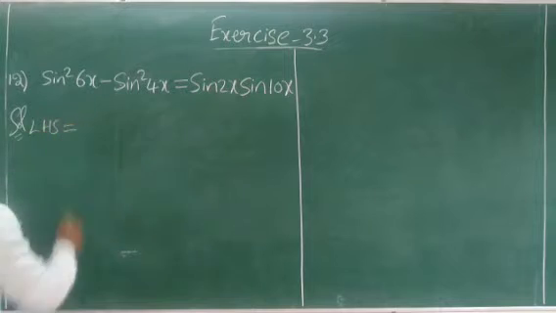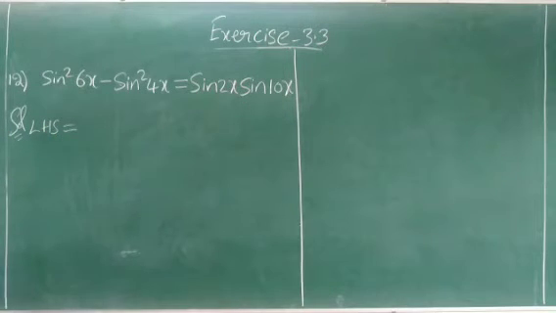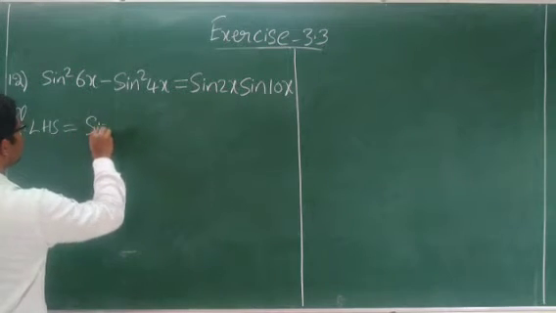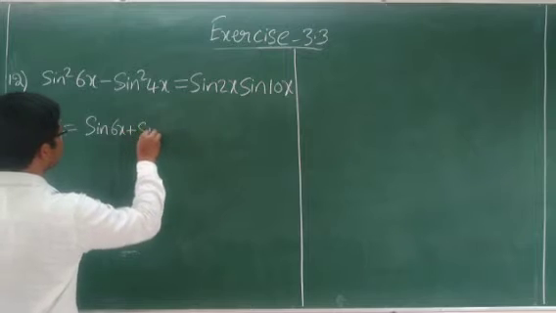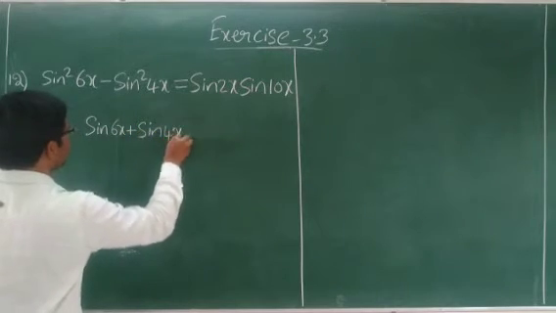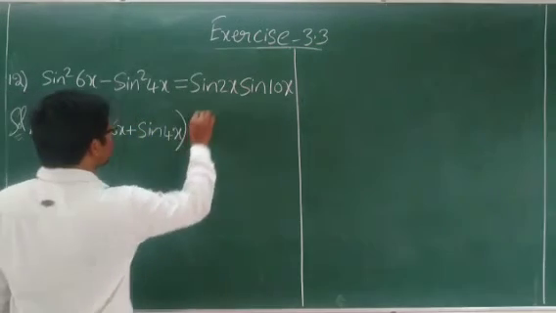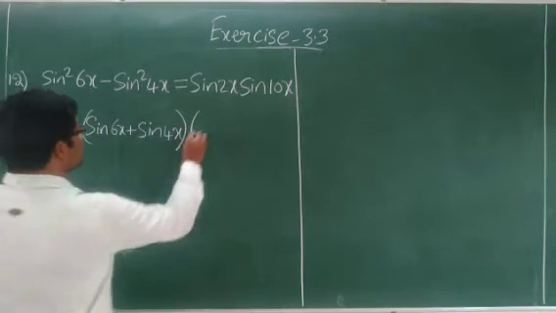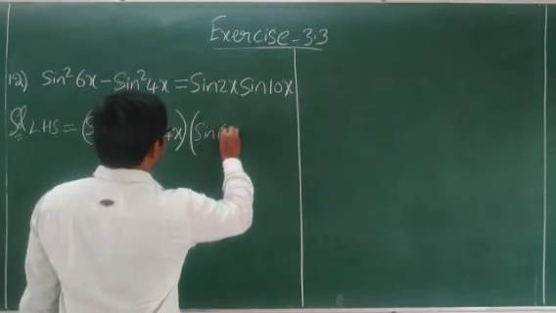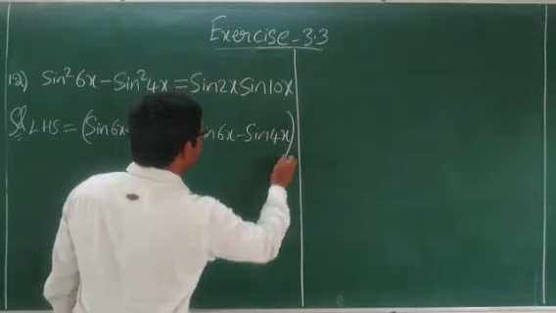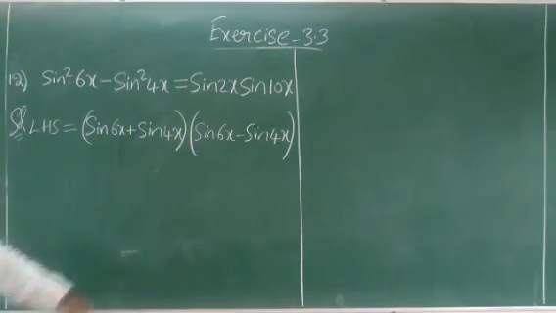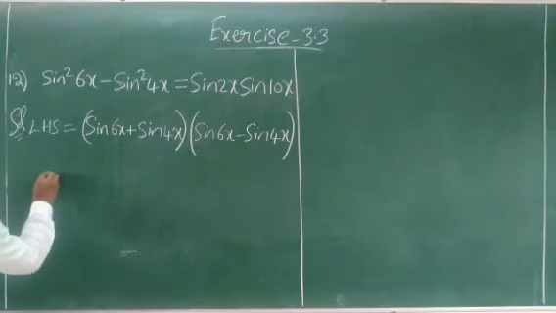So we apply a square minus b square is (a plus b) into (a minus b): (sin 6x plus sin 4x) into (sin 6x minus sin 4x).